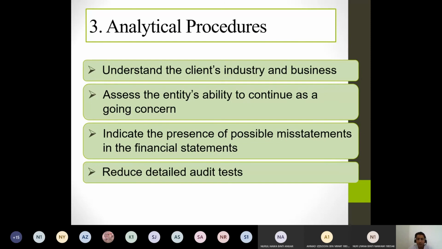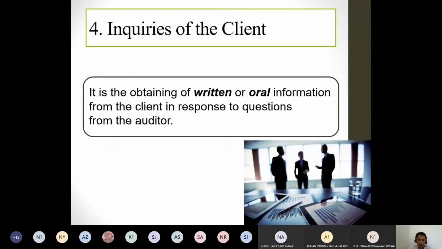Reduce the detailed audit tests. How will it reduce the detailed audit tests? Sometimes by doing some analytical procedures, we may find that there is no need to go into details for this area or this branch or this account, because we already found indicators that there is no misstatement in this account.